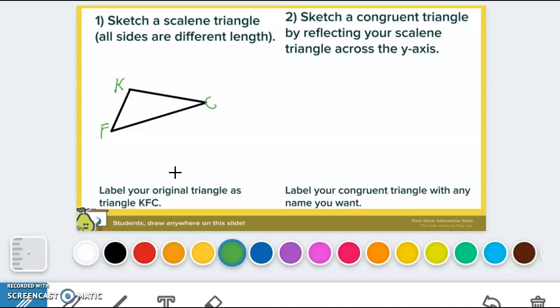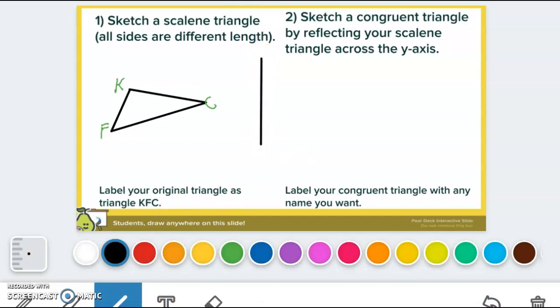Now sketch a congruent triangle by reflecting your scalene triangle across the y-axis. So if I have a y-axis, it will look something like this. I'm going to call on my line tool, in red. So if my vertical line is like this, the y-axis would look like this. So I want to create a reflection of that triangle KFC.